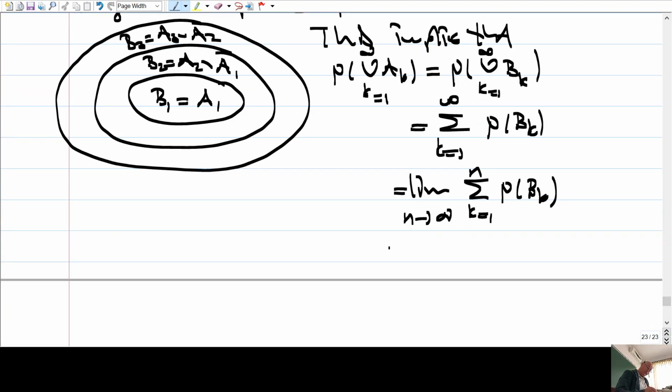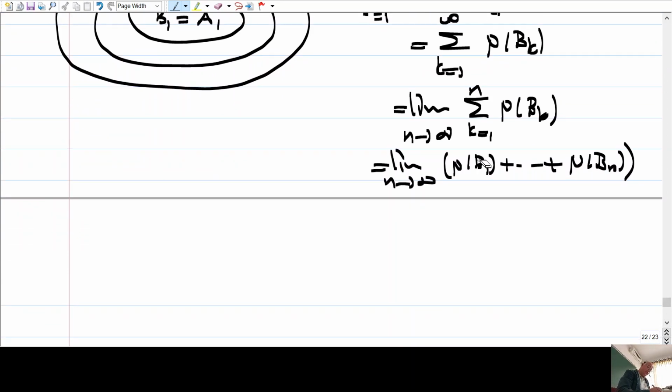Okay. And what is this? Well, this is limit as n goes to infinity. So you see I have here mu of B1 plus up to mu of Bn, right? But B1 to Bn are disjoint.